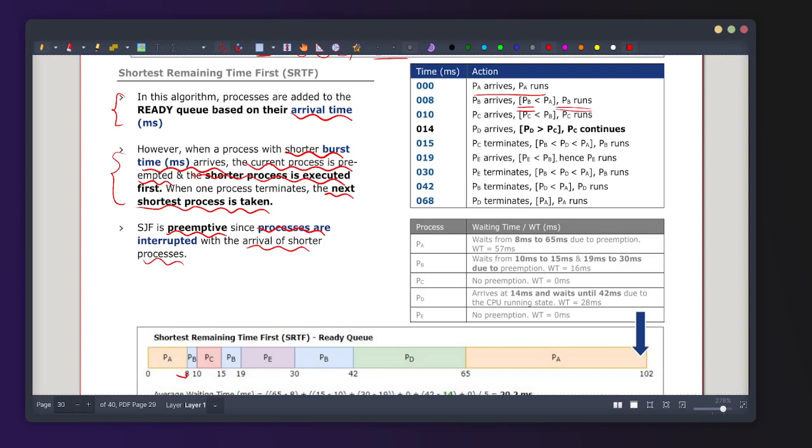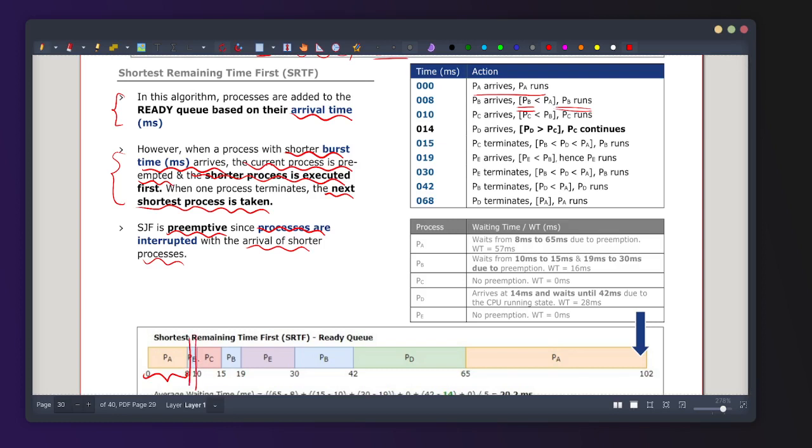Remember, process A runs from 0 to 8 milliseconds, but technically it should have been given a total of 45 milliseconds. But since process B arrived, taking less time than process A, process A is preempted and process B starts running from 8 to 10 milliseconds.